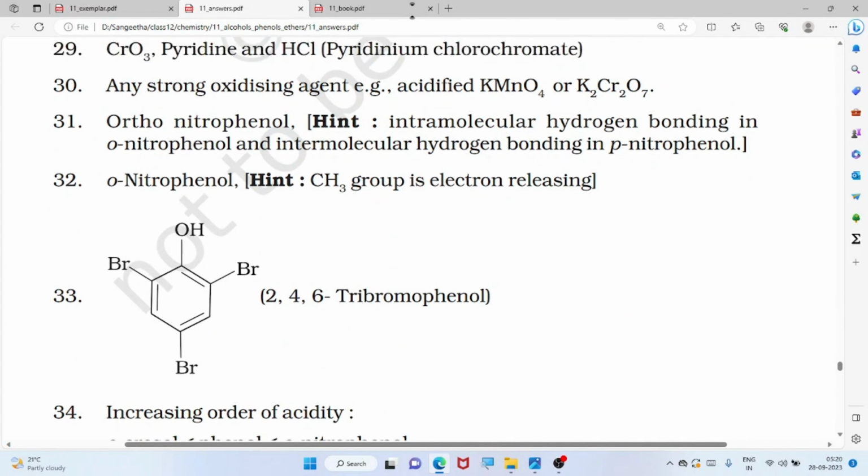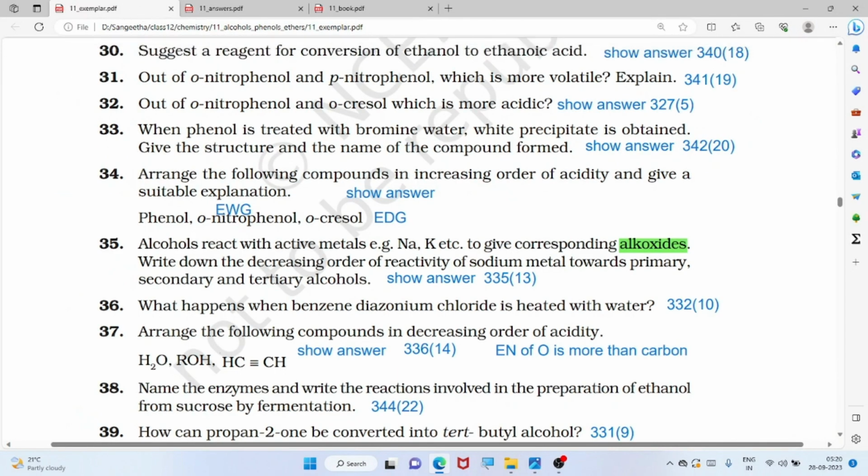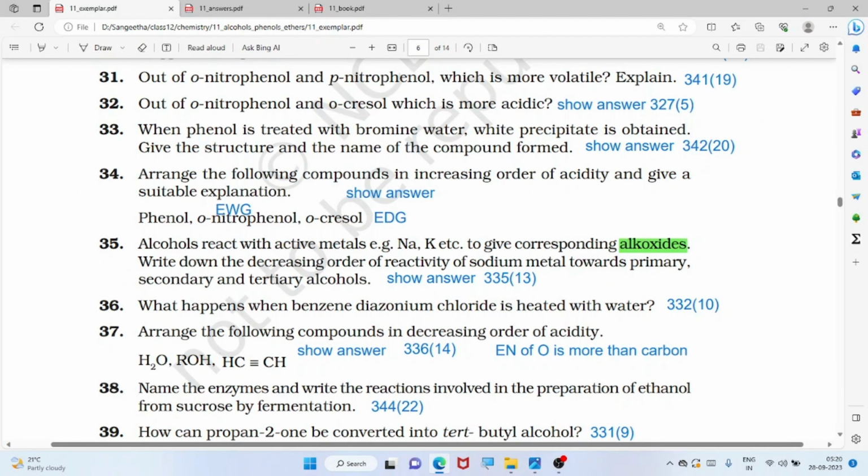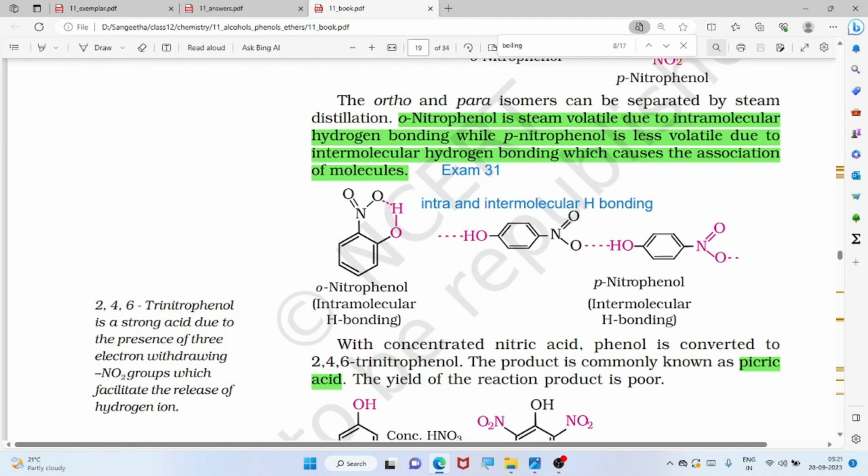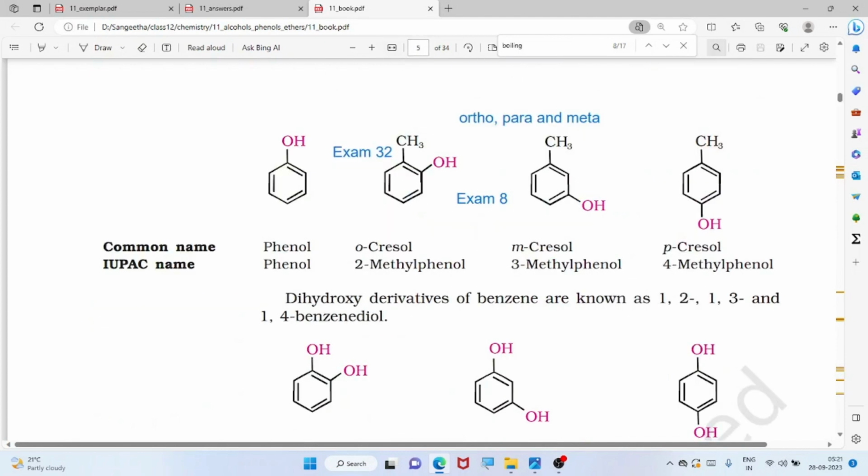This is a nitro group which is electron withdrawing, but in the other compound there is a CH3 group which is electron releasing. See here we have a CH3 group which is an electron releasing group.